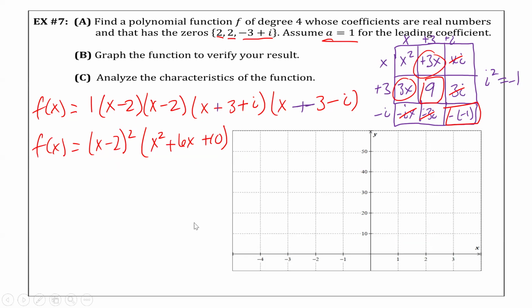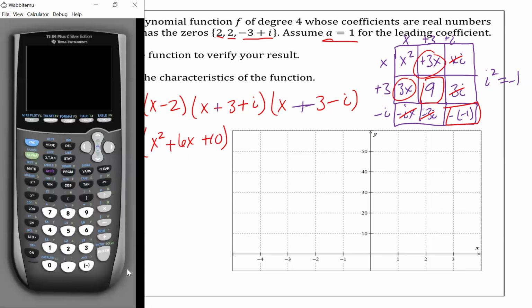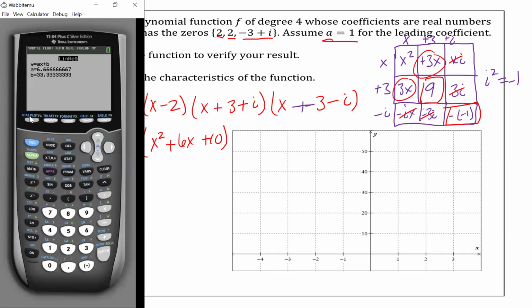So now I go to the calculator. So taskbar, calculator. We have x minus 2 squared times x squared plus 6x plus 10.